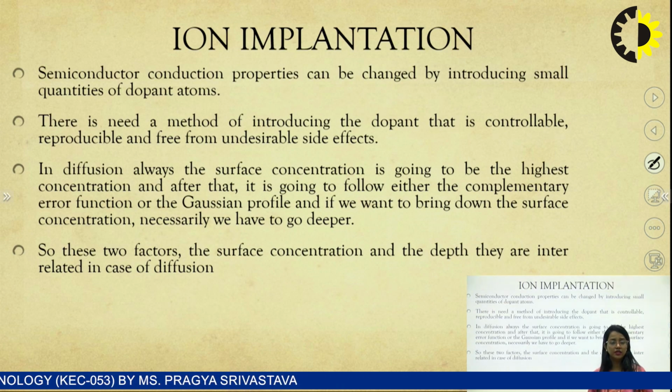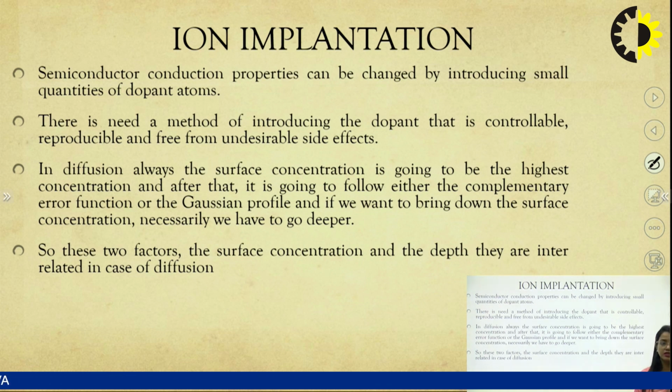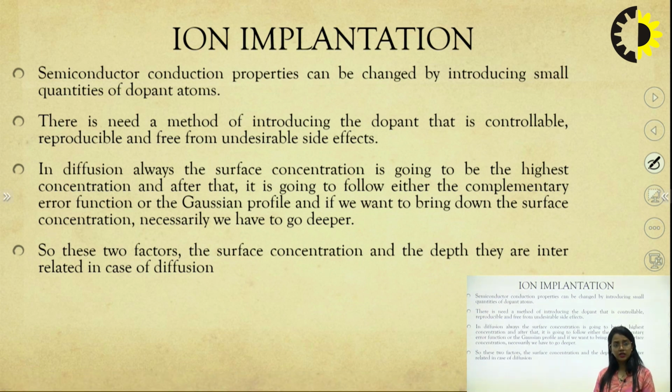So ion implantation is basically a process where a semiconductor's conduction property can be changed by introducing a small quantity of dopant atoms. So there is a need of a method which will introduce the dopant that is controllable, reproducible and free from undesirable side effects.